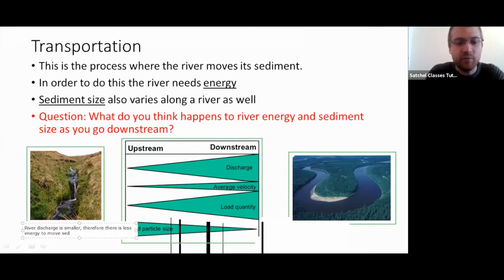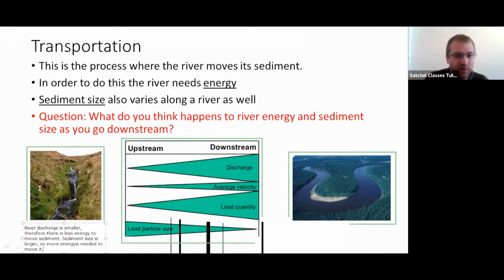So energy is important in moving sediment, so there's less energy in the upper course, so sediment is going to be much more difficult to move. What we also notice is that particle size, so I'll call it sediment size, is larger, so more energy is needed to move it.